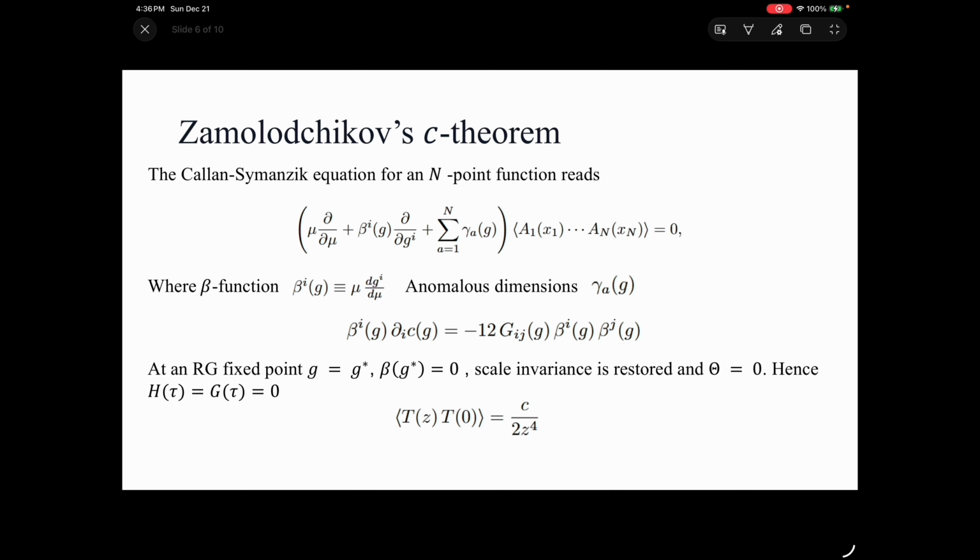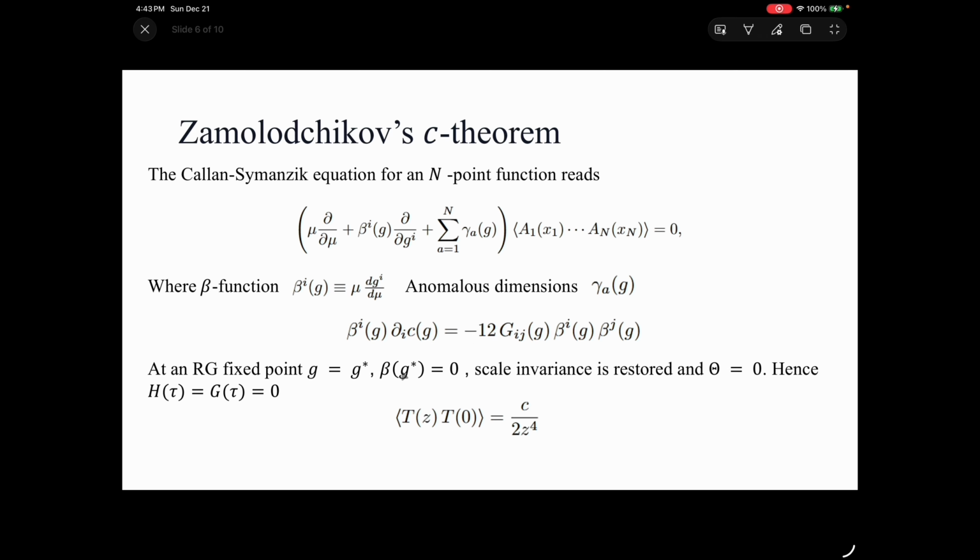Next, we introduce the Callan-Symanzik equation for an n-point function like this, where beta is the beta function and g is the coupling constant. At the fixed point, the beta function vanishes. Gamma is the anomalous dimension. After a series of derivations, beta satisfies this equation, and we call this the Zamolodchikov equation.